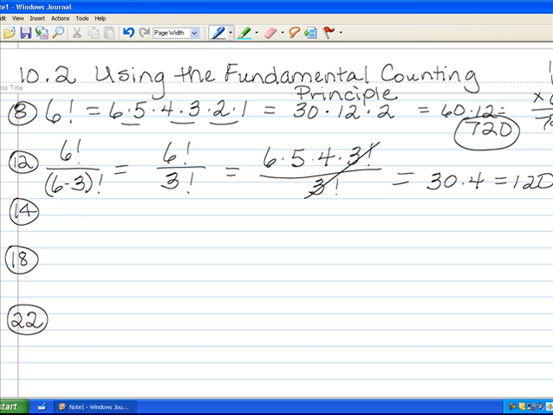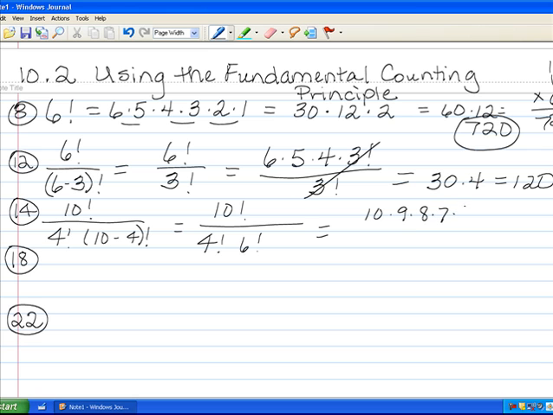Okay, and let's do 14 as well. We're given 10 factorial over 4 factorial, 10 minus 4 factorial in the denominator. So again, I'm going to simplify what's in the parentheses first. That's going to give me a 6 factorial. So 10 times 9 times 8 times 7 times 6 factorial.